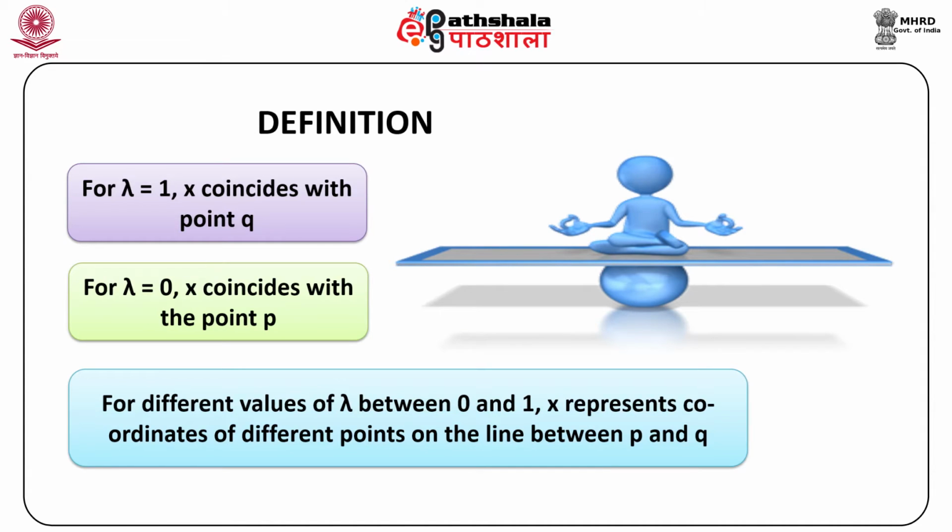For lambda equal to 1, x coincides with point Q, and for lambda equal to 0, x coincides with point P. For different values of lambda between 0 and 1, x represents coordinates of different points on the line between P and Q.